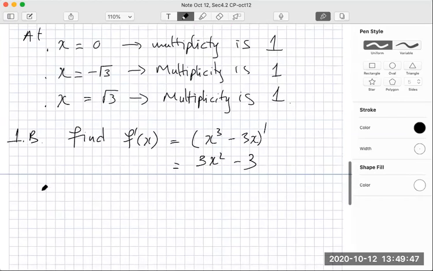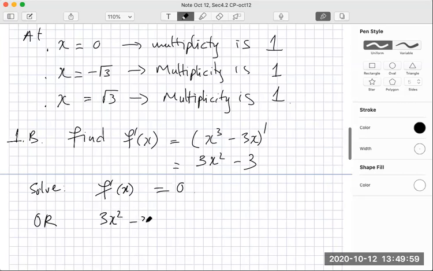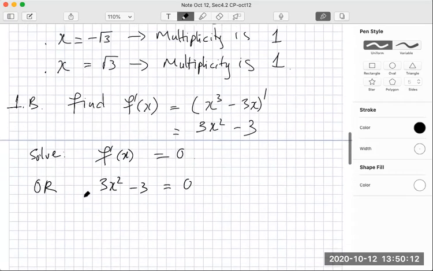So now we need to solve f prime equal to 0, or in this case, 3x squared minus 3 equal to 0, right? So how can we solve it? Yes, you add 3 to both sides.